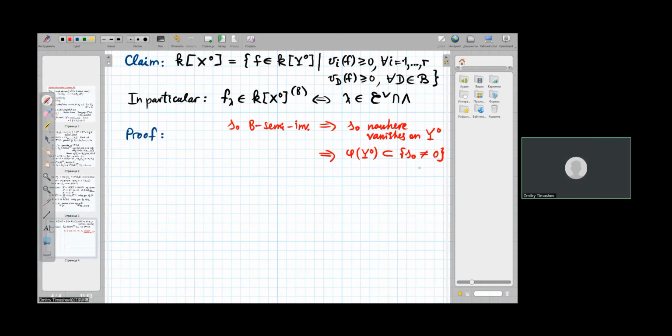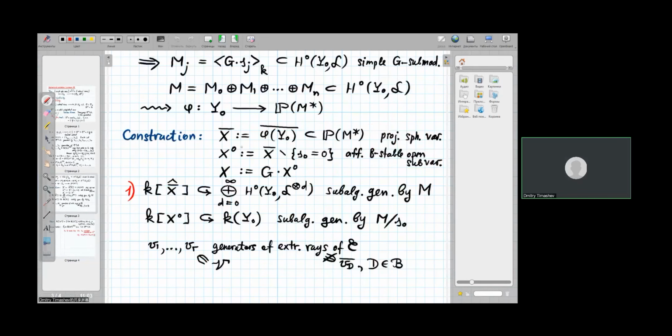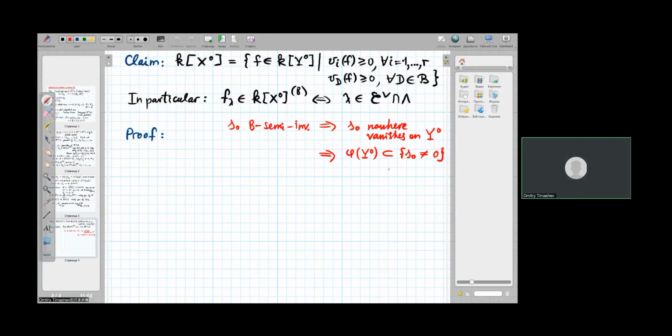And the non-vanishing locus of S naught intersected with x bar is exactly x naught. So x naught is exactly x bar intersected with this non-vanishing locus. Okay? That's why phi of y upper knot is contained in x upper knot.